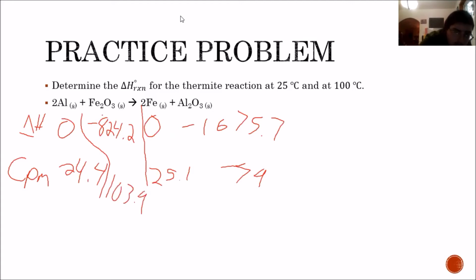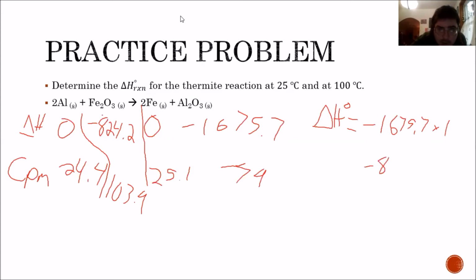So first, finding delta H naught. Delta H naught is equal to negative 1675.7 times 1, and negative 824.2 times negative 1. And of course iron is 0 times 2, and aluminum is 0 times negative 2.